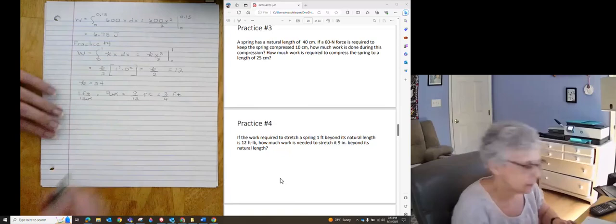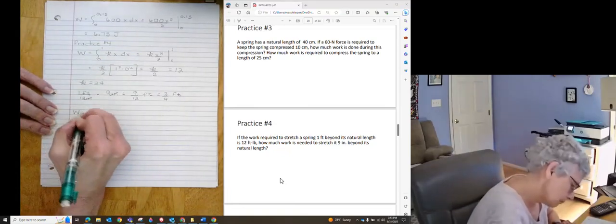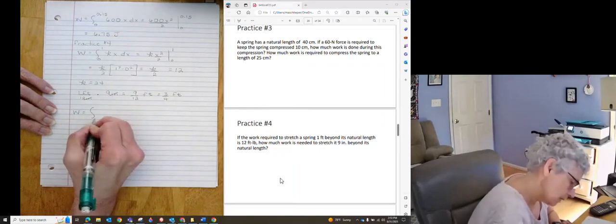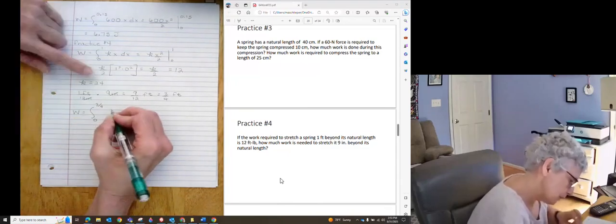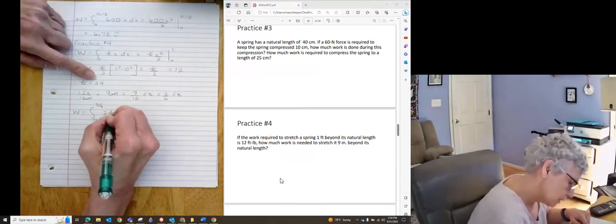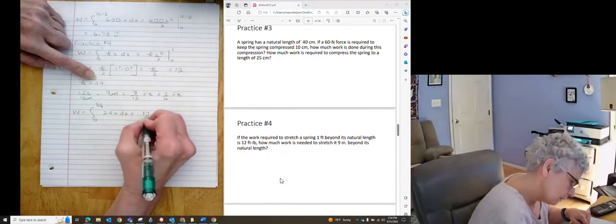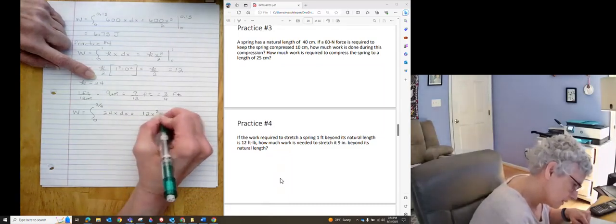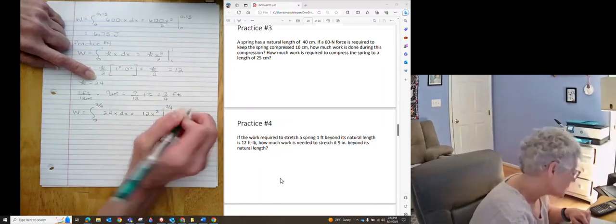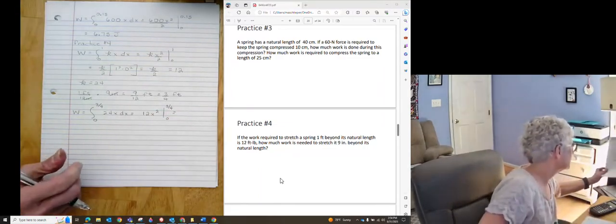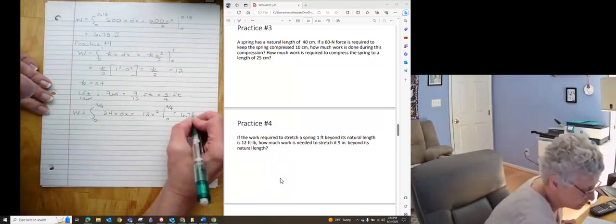You can use a decimal if you want. So work is equal to the integral from 0 to 3/4 of 24x, which is 12x squared, evaluated from 0 to 3/4. And again, I did it earlier, 6.75 foot-pounds.